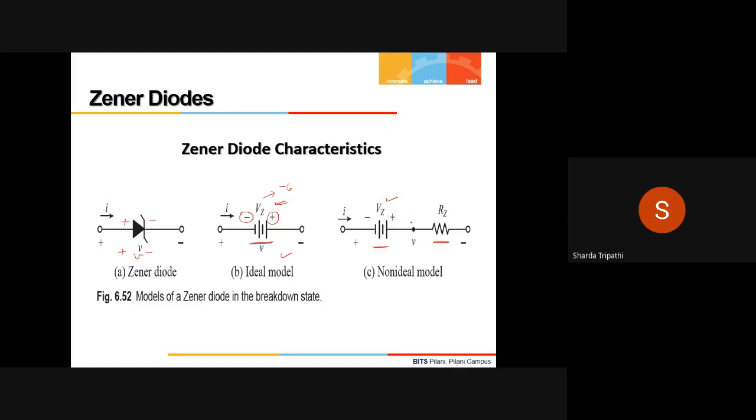So this voltage is there, plus you have some additional voltage across this RZ, and this is going to better approximate the Zener diode when we do not consider it as an ideal diode. But this case we are not going to discuss over here. For the sake of simplicity, we will limit our discussions only to where we replace the diode by simply a DC voltage source.